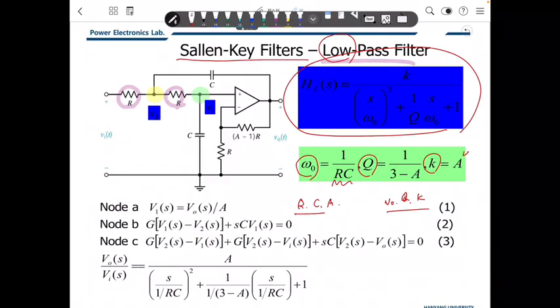This is coupled. Q and K are coupled by A.